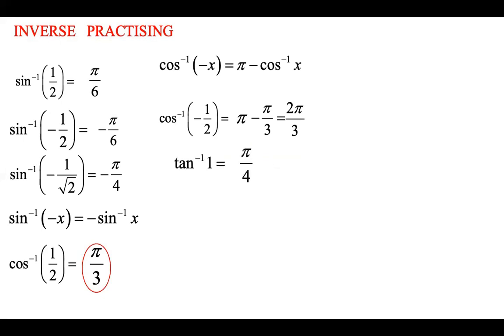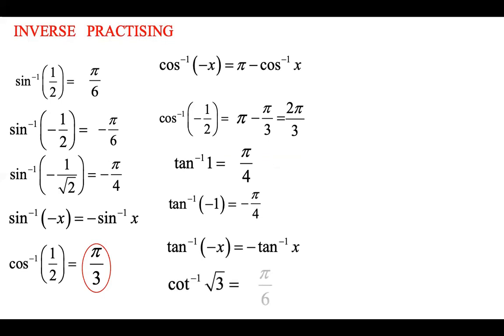And tan inverse 1 is nothing but pi by 4. And tan inverse minus 1, straight away like the sin inverse function, is minus pi by 4. It happens from the definition itself. Straight away it follows. And tan inverse minus x works like minus tan inverse of x. Cot inverse root 3 is pi by 6.